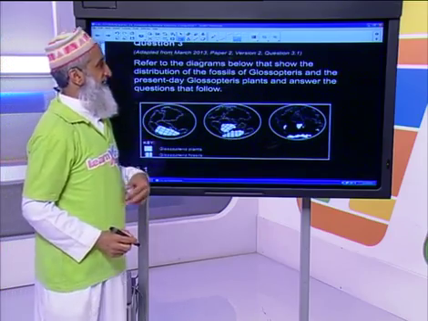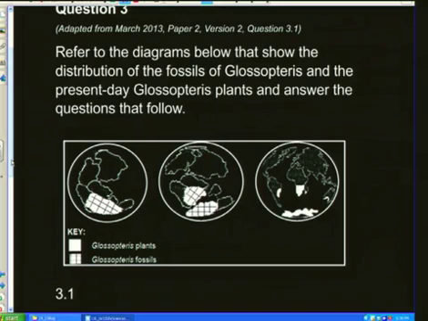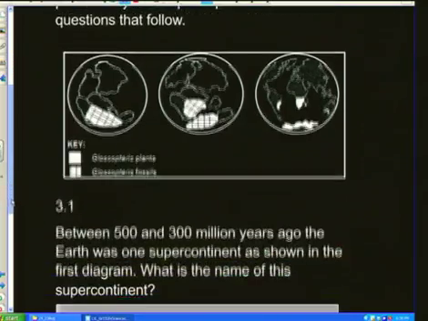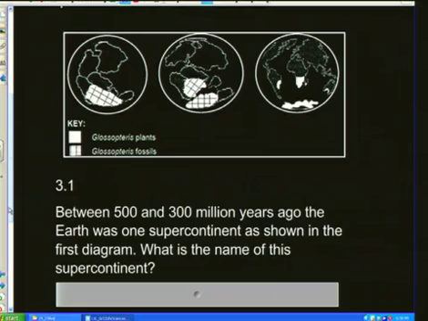Refer to the diagrams below that show the distribution of fossils of Glossopteris and the present-day Glossopteris plants and answer the questions that follow. So they're giving you a map and they're showing you that originally this is what was happening, and there's the distribution there. Then something happened here, and look at the distribution now.